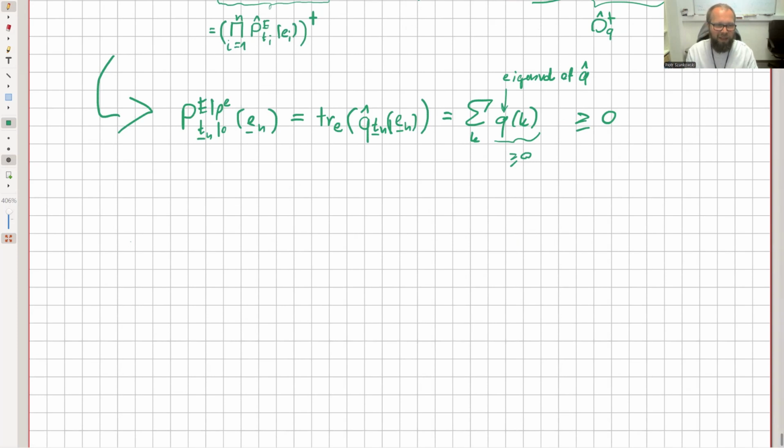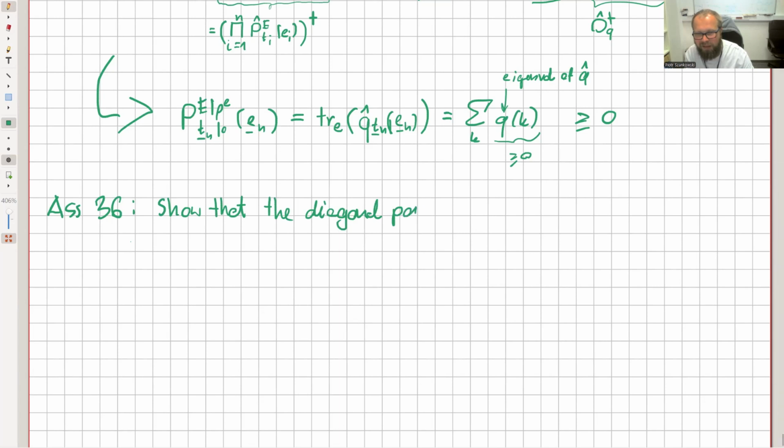Okay, that's the first thing. Then we have another assignment, another thing to show. Assignment 36. Show that the diagonal part of the bi-probability is normalized.